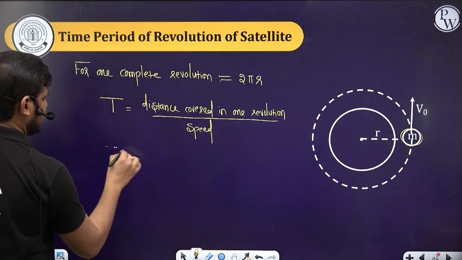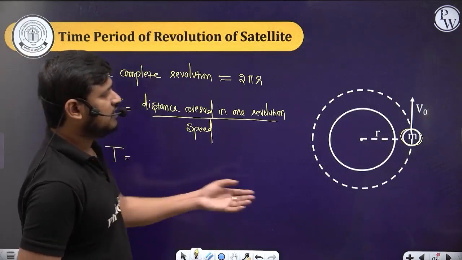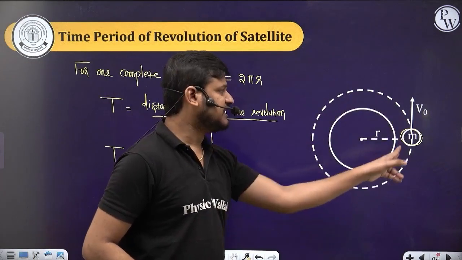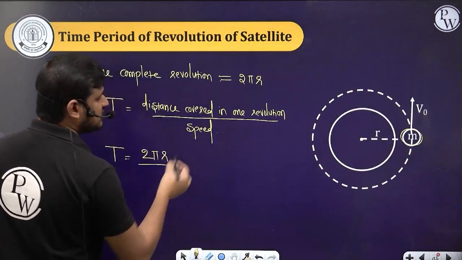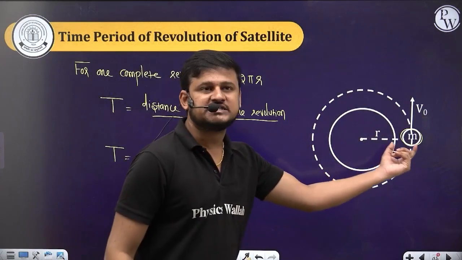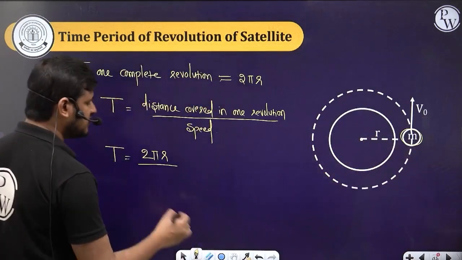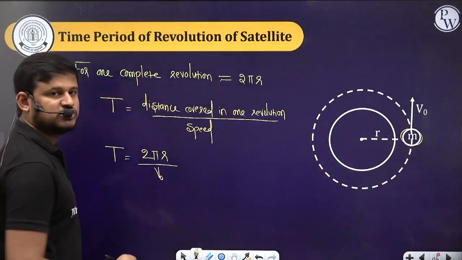So the time period T is equal to, for one complete revolution, a distance of 2 pi r, and it is revolving around the planet with orbital speed VO.